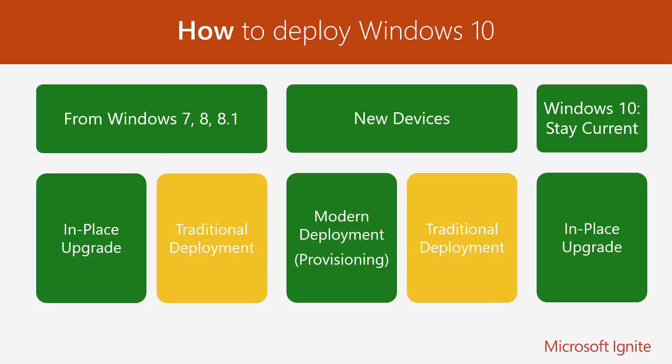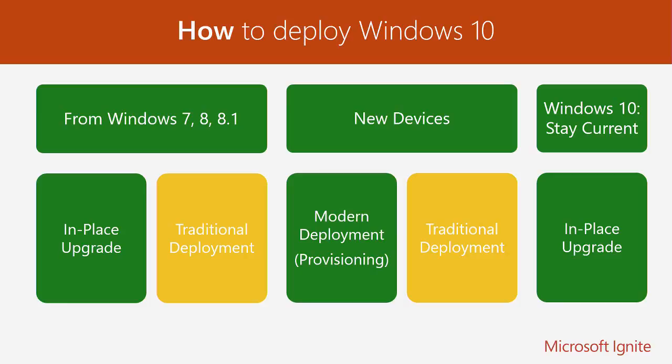Once you get onto Windows 10, using custom images and doing wipe and load deployments to try to stay up to date with each Windows 10 release as it comes out is just not possible. There's no way you can keep up by completely wiping and reloading all of your Windows 10 PCs every 6 months or so. It's just too much work, too much heavy lifting, and it really isn't practical.